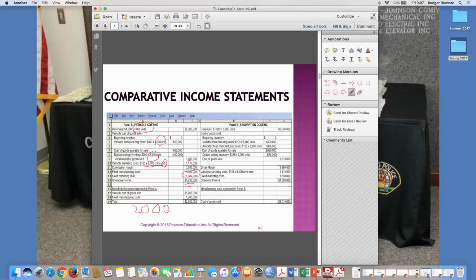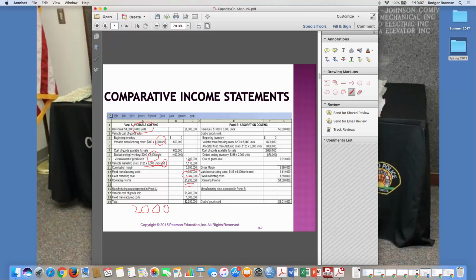Now, the nice thing about variable costing, as I said, from an internal decision-making point of view, is that anytime I increase my sales, if I were to sell 9,000 units next year, I would know that my operating income will always go up. If I sell less, it will always go down. I cannot make that same assumption under absorption costing because I am working not only with sales affecting operating income, but also to a great extent, the changes in my inventory.